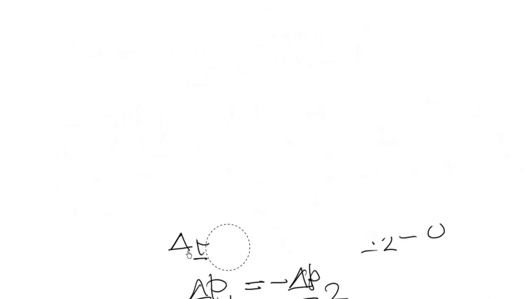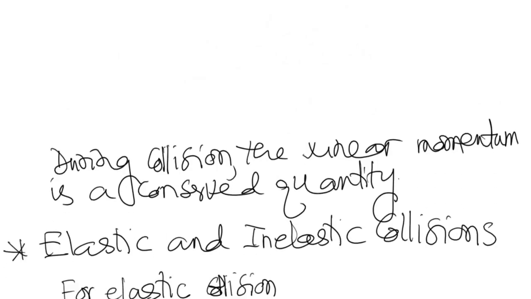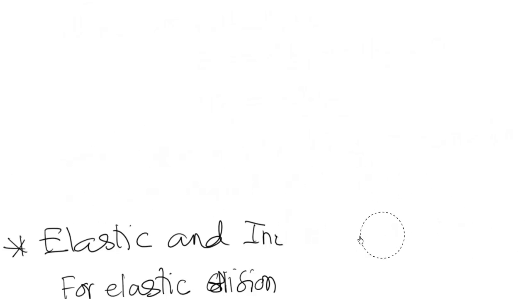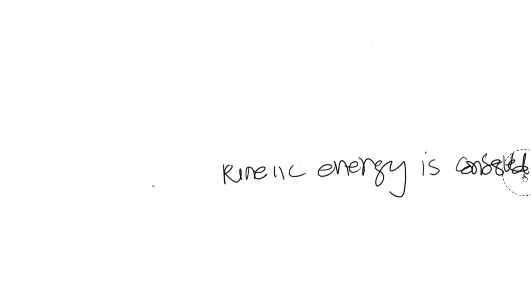So if we know the masses of the two particles and the velocities of the particles before collision, we will try to find the velocities of the particles after collision, and we shall use the conservation of linear momentum and conservation of kinetic energy for this elastic collision.